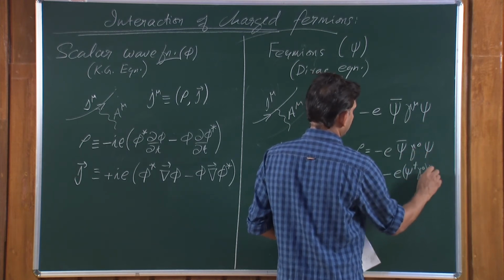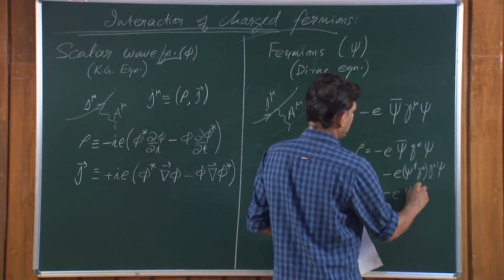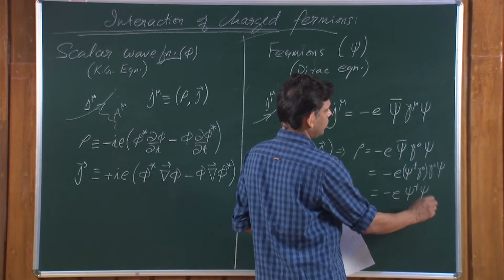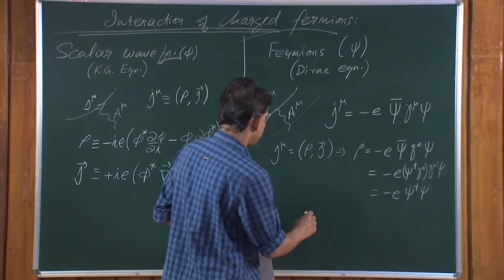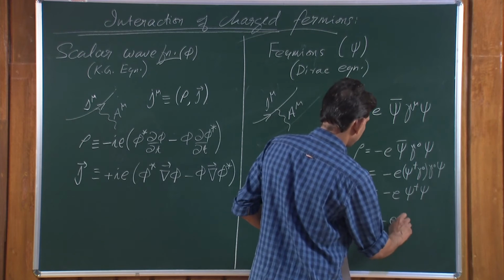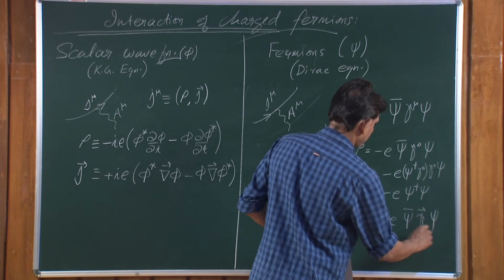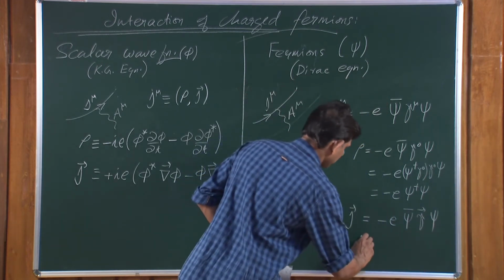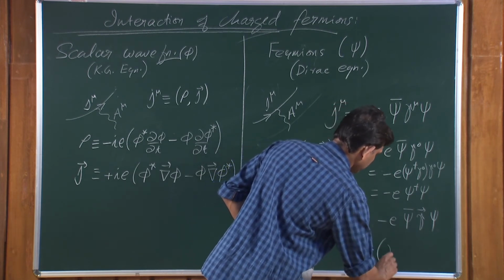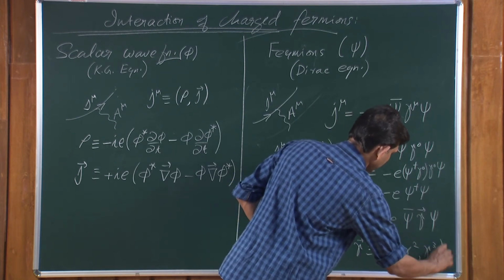And then there is another gamma 0 psi, which is equal to minus E psi dagger psi, since gamma 0 square is equal to 1. J is equal to minus E psi bar gamma vector psi. When I say gamma vector, it is defined as gamma 1, gamma 2 and gamma 3.